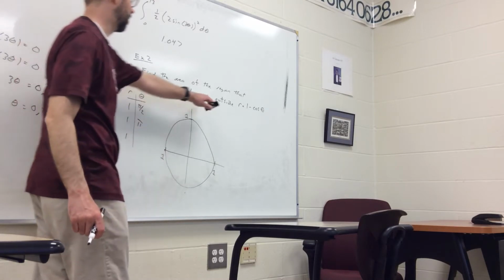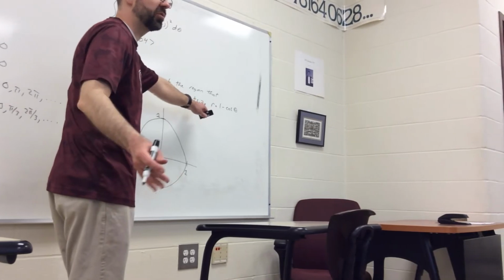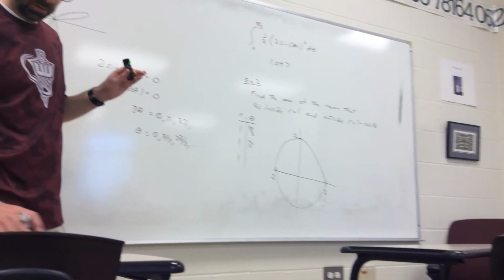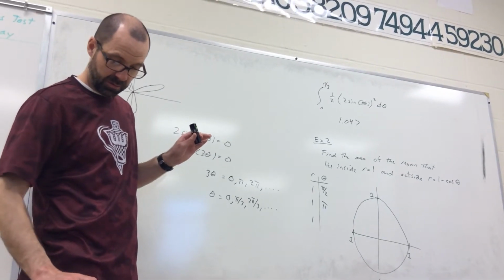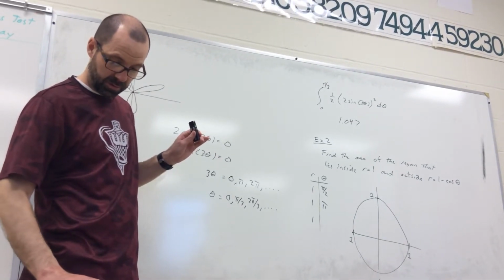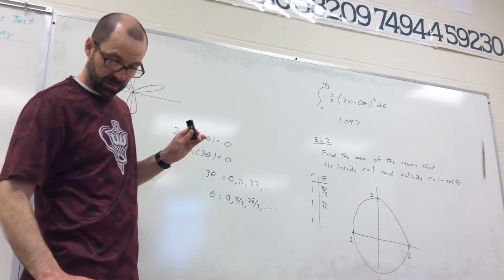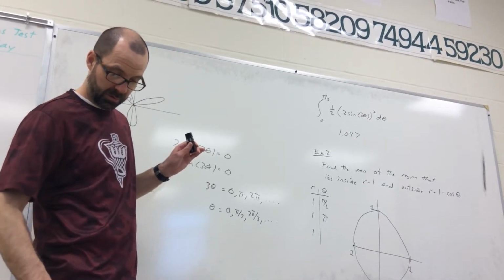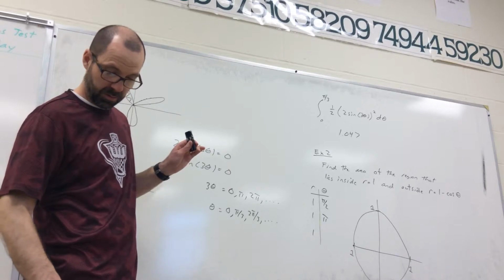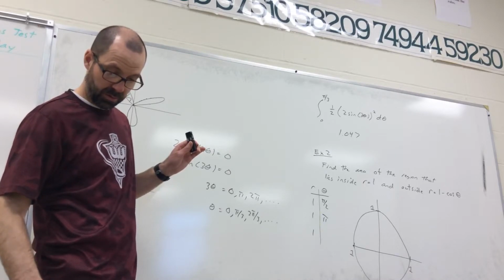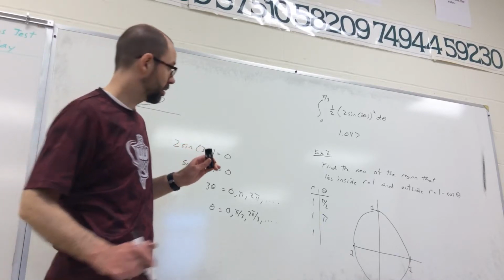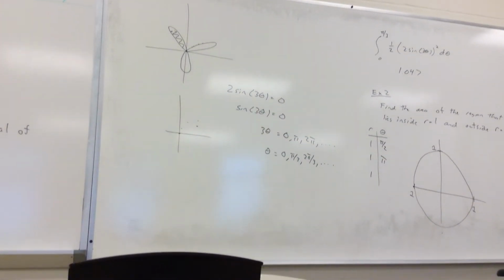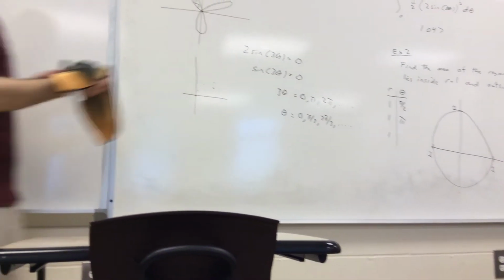Okay, then I'm going to graph 1 minus cosine theta. I could also do that one by hand, but I'm not going to today. So it goes back here to 2.